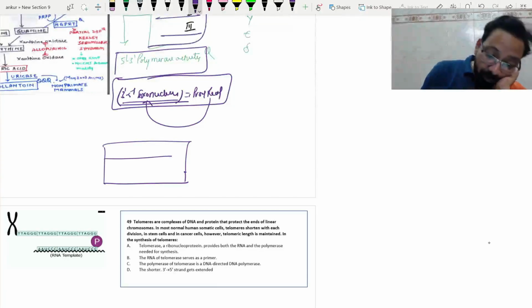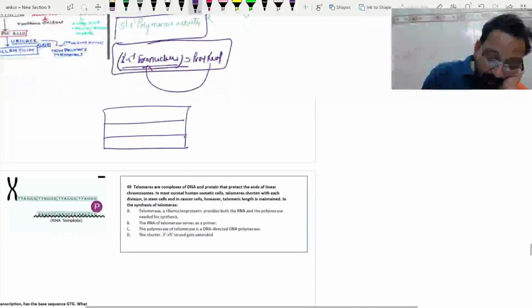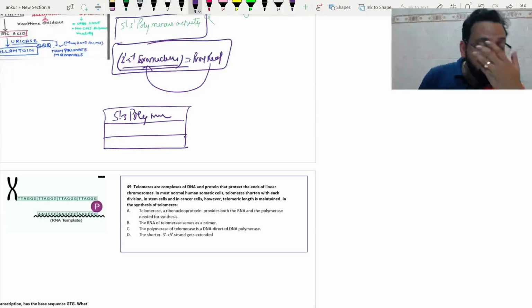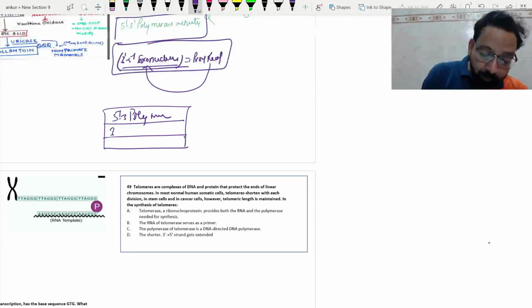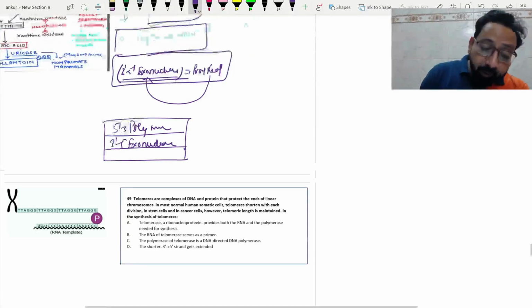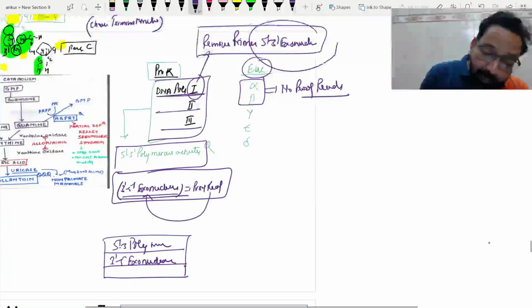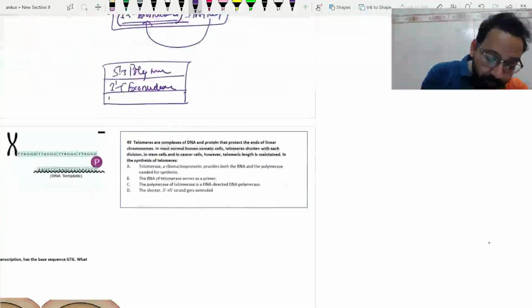DNA polymerase 1 has 3 activities: 5 to 3 polymerase activity, which you all know all polymerases have; 3 to 5 exonuclease activity, the proofreading; and the extra 5 to 3 exonuclease activity.